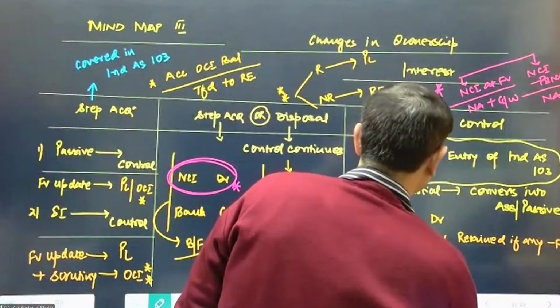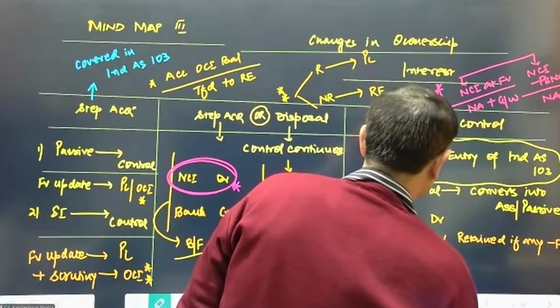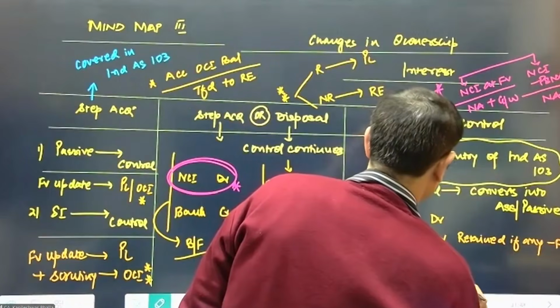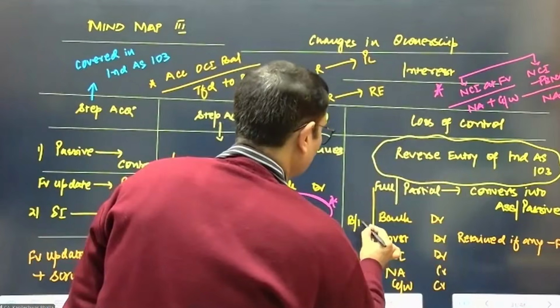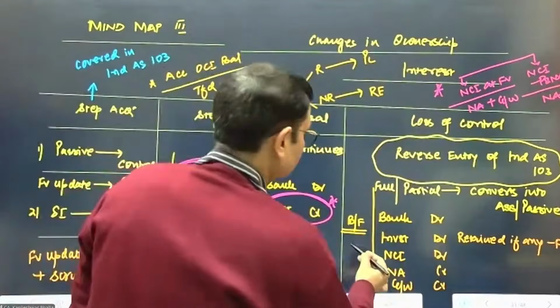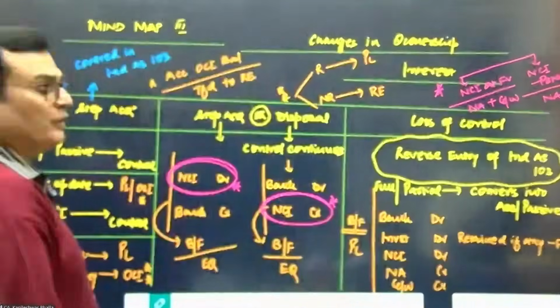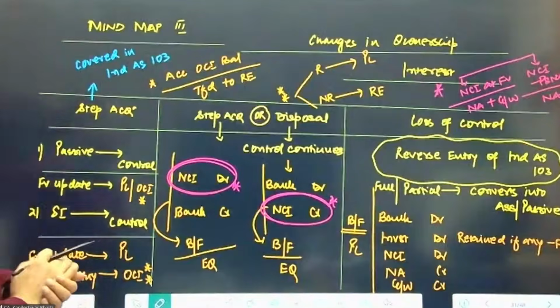Then NCI gets a debit. Then net assets and goodwill gets a credit. And balancing figure in this entry will go where? Profit and loss. The balancing figure in this case enters the P&L.